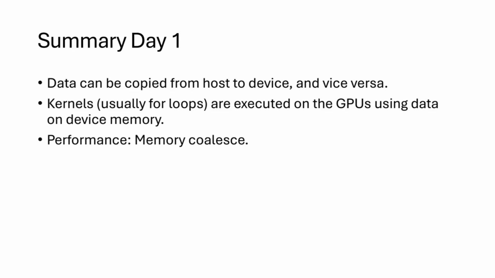The idea of memory coalescence is that the access to memory needs to be consecutive, in the sense that it's not performant to access one address in memory, then do a big jump and access another location that is far away from the previous location. So if you access consecutive memory locations, it will improve coalescence and caching.